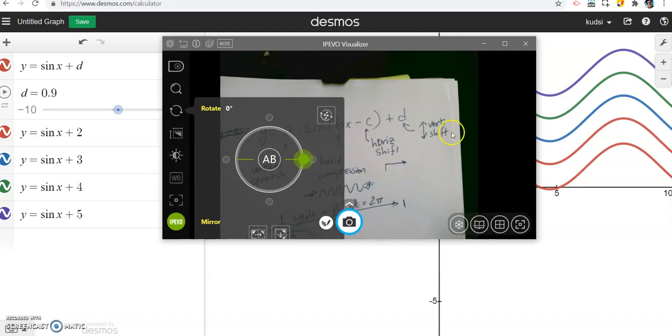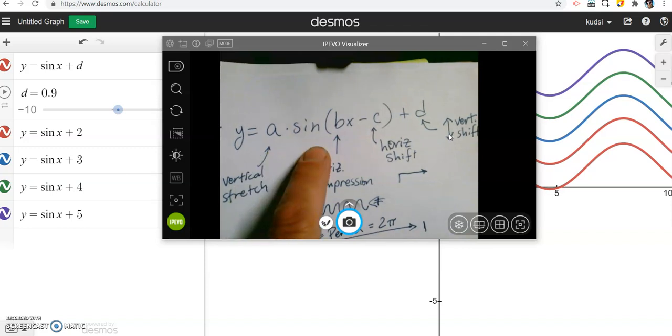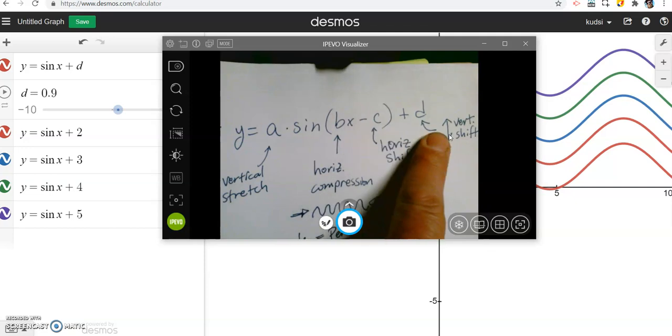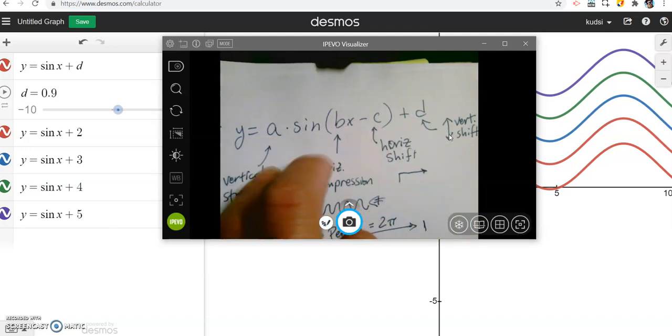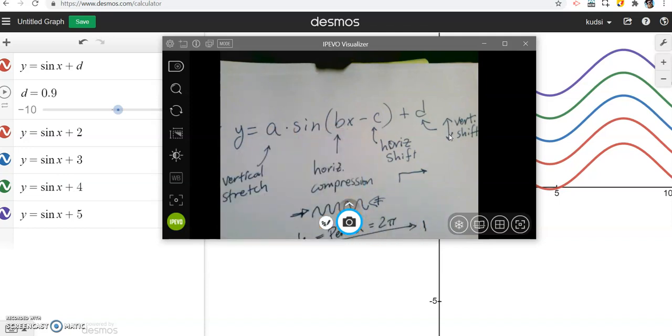So there it is. Vertical stretch, horizontal compression, the horizontal shift, and the vertical shift. So these two do not change the shape. These change the shape in totally different ways. Okay, so that's what you want to see.